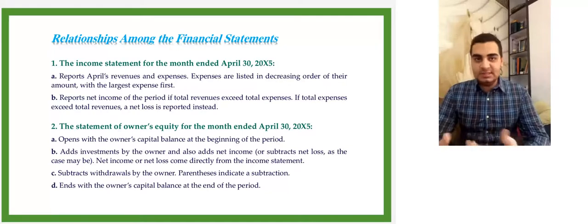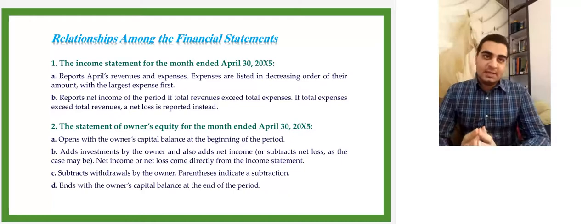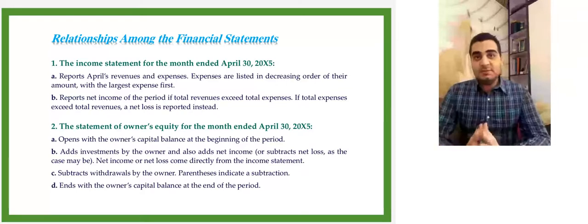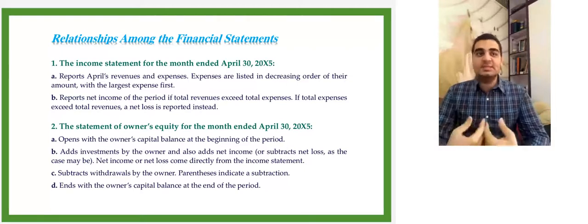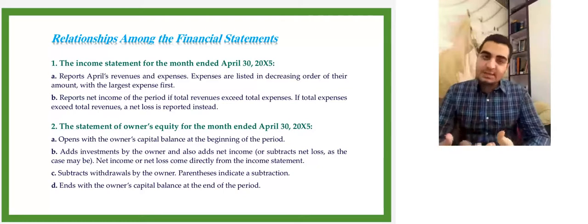Expenses are listed in decreasing order of their amount, with the largest expense first. Then the next point reports net income of the period, if total revenues exceed total expenses, or if total expenses exceed total revenues, it's a net loss. In any case, net income or net loss is needed to prepare the statement of owner's equity. That's why we're going to prepare them in order: first, the income statement, then the statement of owner's equity, and finally, the balance sheet.